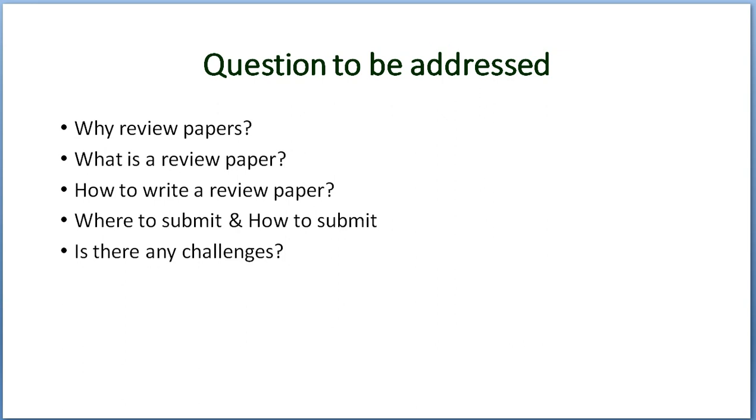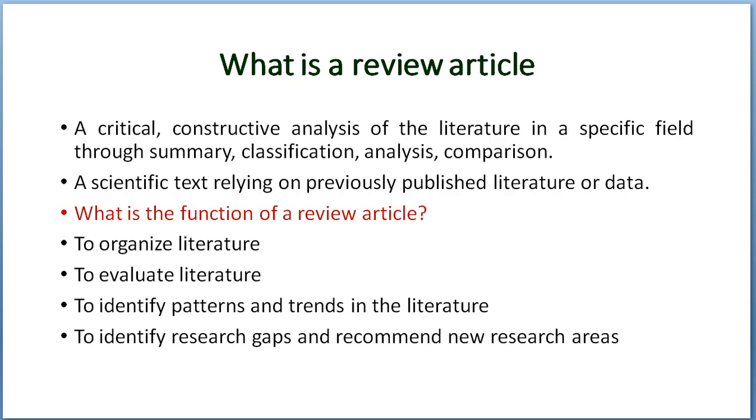Then where to submit and how to submit? Most important task: once we have written the review paper, the next task is where to submit and how to submit, and how to select your journal. Is there any challenge? Then I am going to discuss the different challenges you face during writing a review. So let's start with what are review articles.